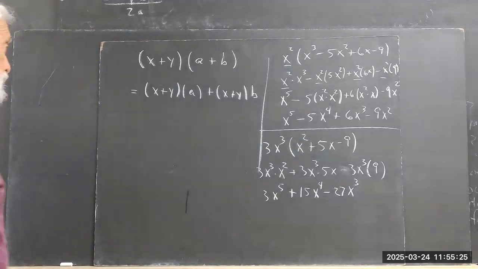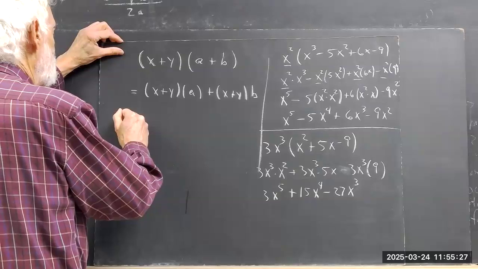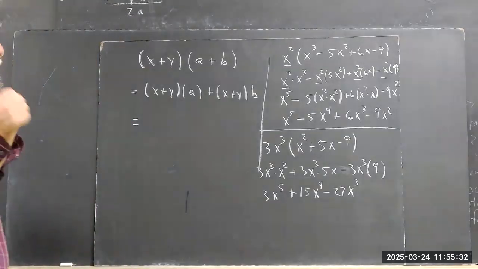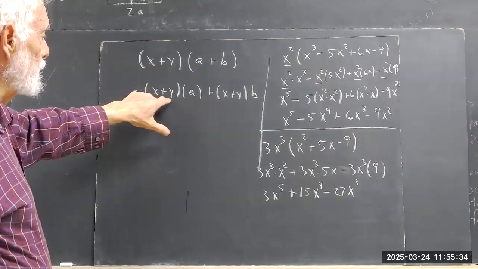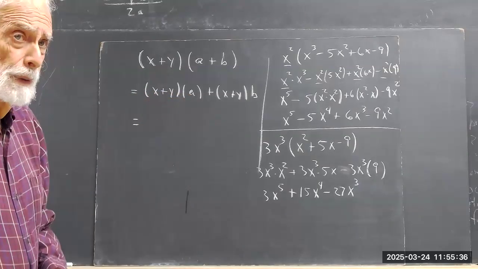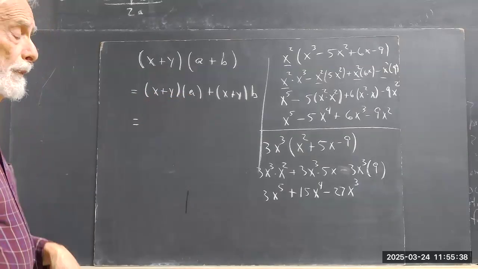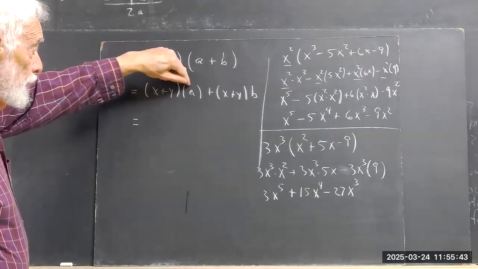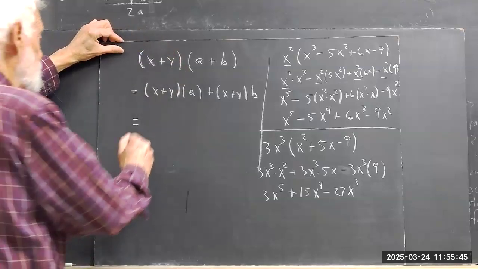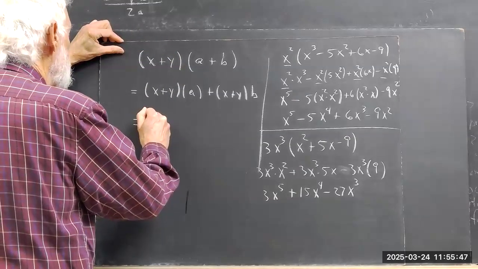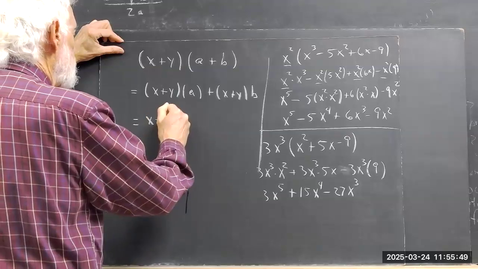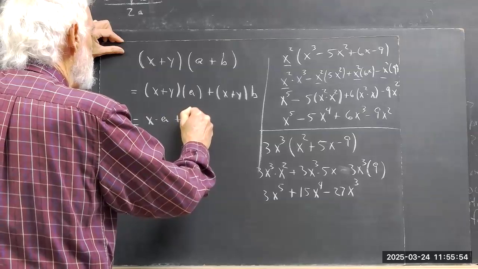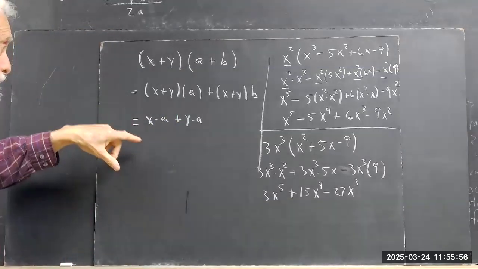Well, now there's another step to it. If I multiply this plus this by a, what does that mean? It means I've got to multiply this by a and this by a. So that's x times a plus y times a.